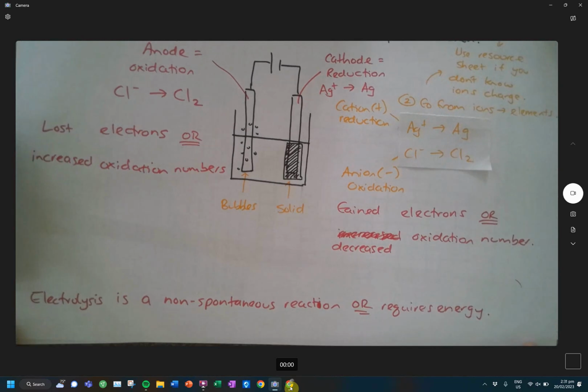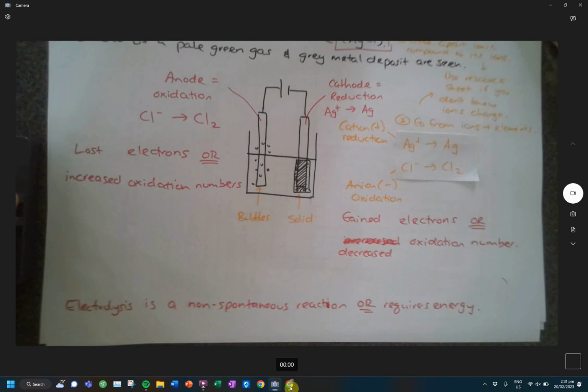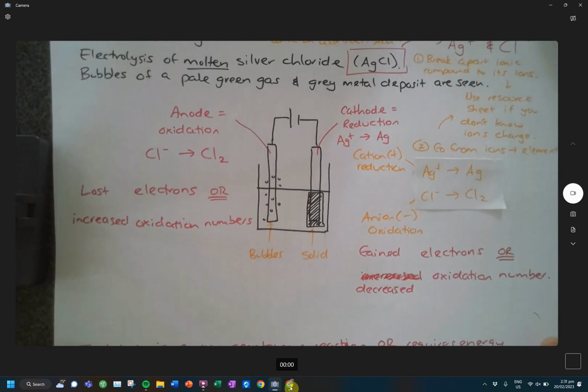Is non-spontaneous, or you can tell me that it requires energy. So the stuff in the red is all I need for the achieved.